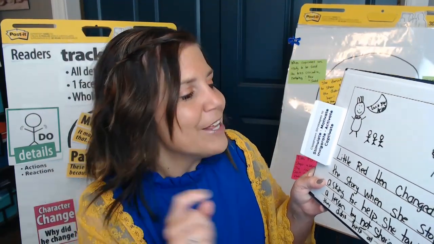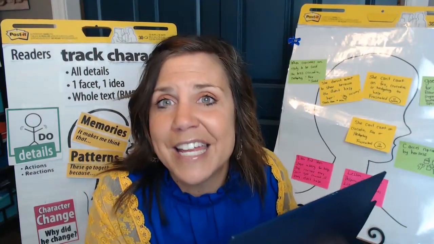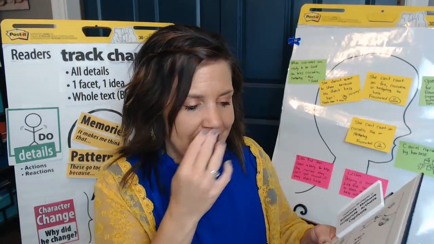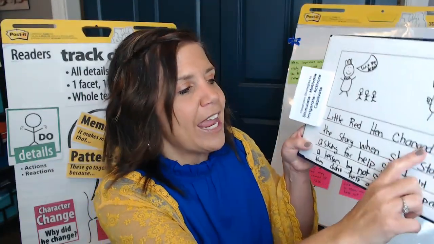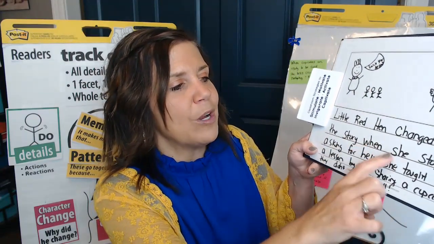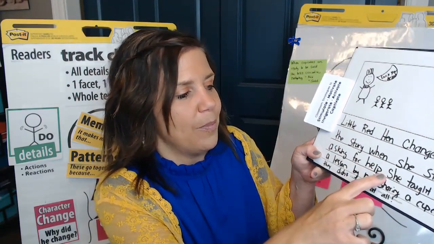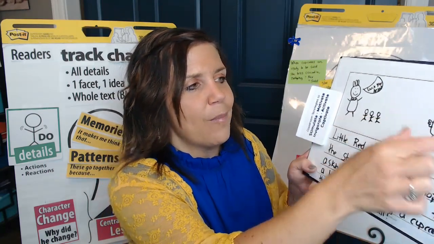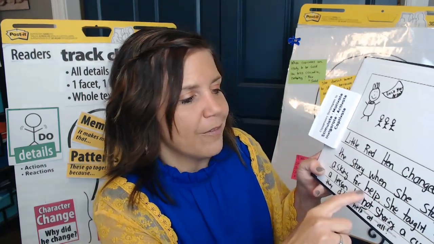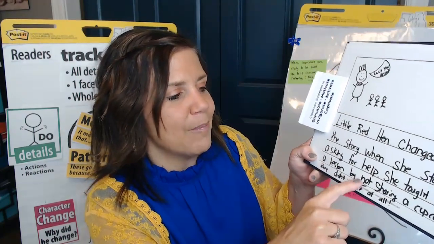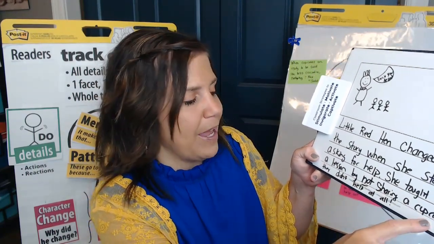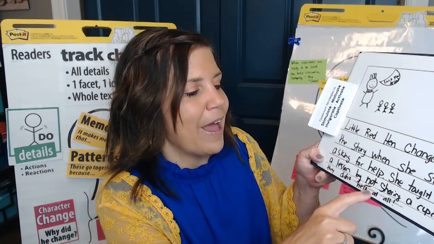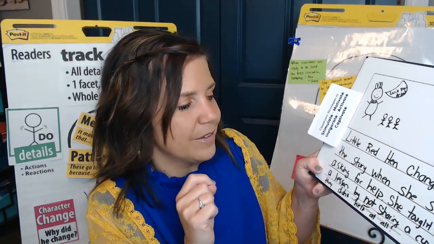She changed her mind. So if we wanted to write a sentence about this, we could say, Little Red Hen changed in the story when she stopped asking for help. At the beginning, she wanted their help. At the end, nope, right? She taught them a lesson by not sharing a cupcake because they didn't help out at all.